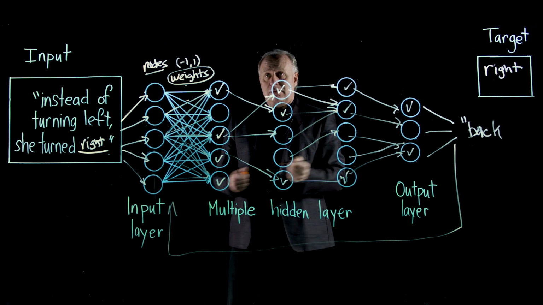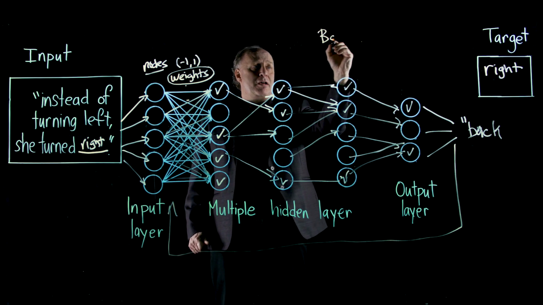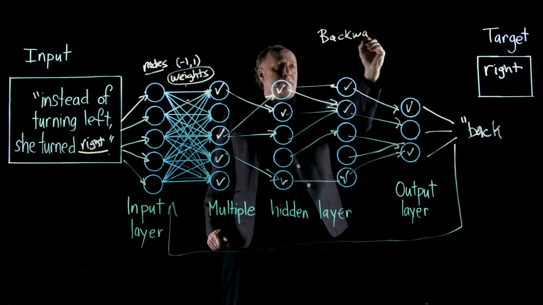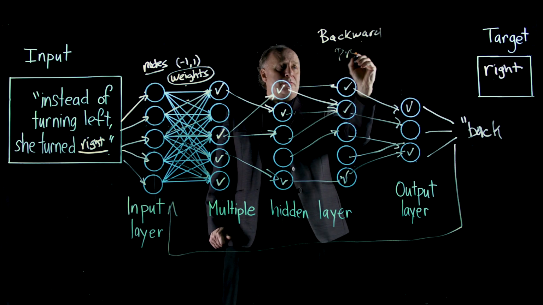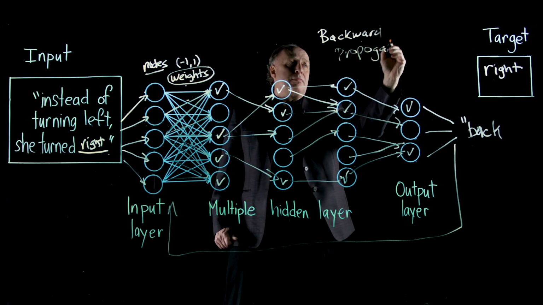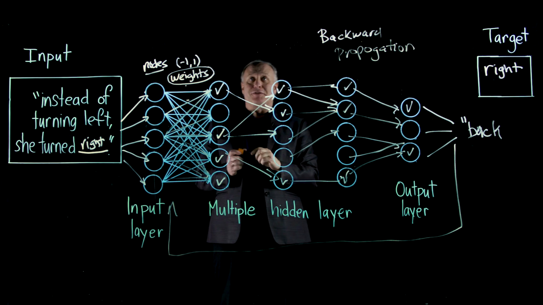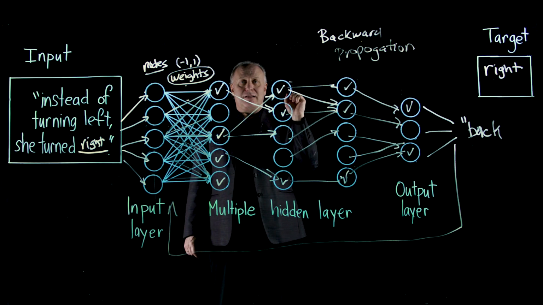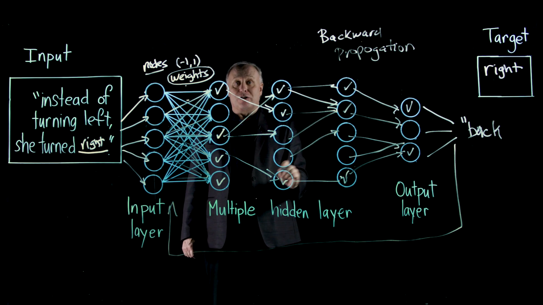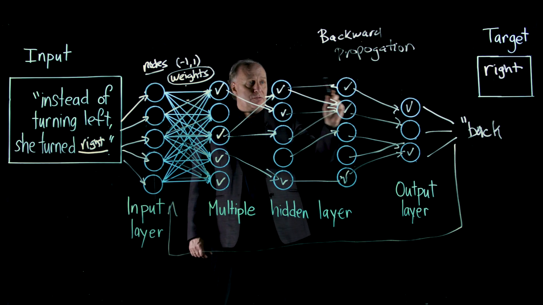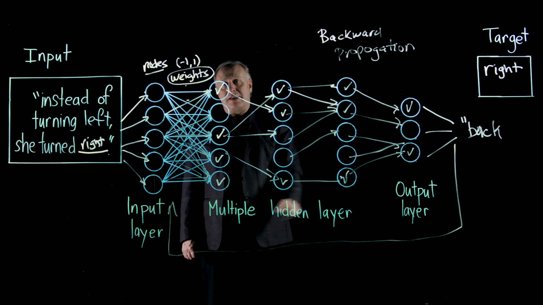That is what we call, and I'll put it up here, backward propagation. And that is the technique that Geoffrey Hinton from the University of Toronto came up with that has neural networks learn. And so now through backward propagation, you just keep feeding it the information.